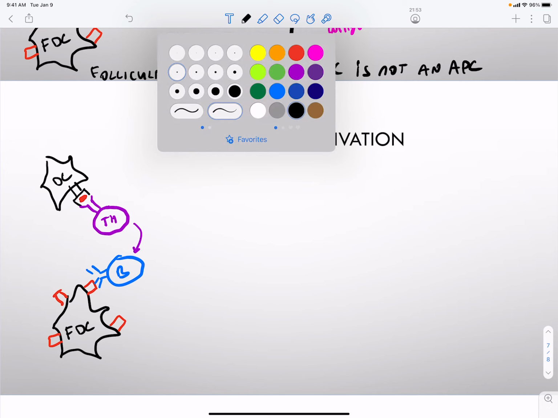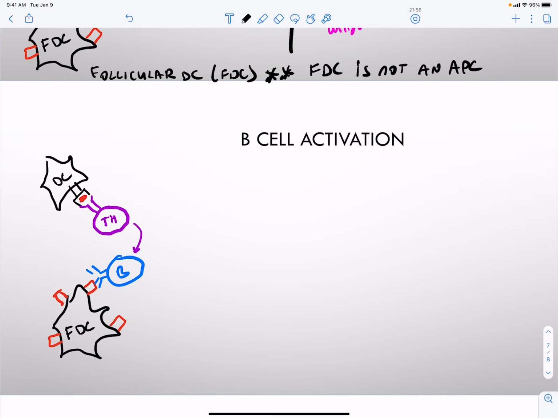So I just want to describe a little bit about what happens with your B cells. So your B cells undergo clonal expansion, and you're going to make many of these B cell clones, etc. And then the B cells are going to start releasing IgM.